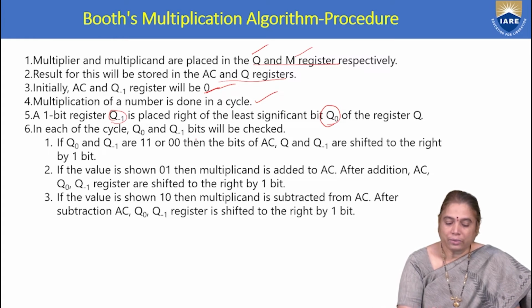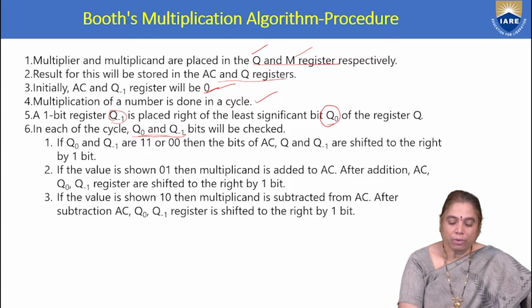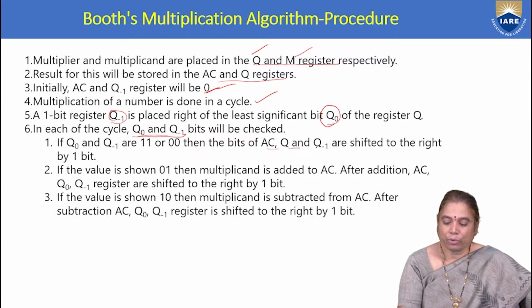In each cycle, the Q0 and Q1 bits are checked. So 2 bits are considered for validating the multiplication process. If Q0 and Q1 are 1, 1 or 0, 0, then the bits of AC, Q, Q1 are shifted to the right by 1 bit. If the value is 0, 1, then the multiplicand is added to AC.